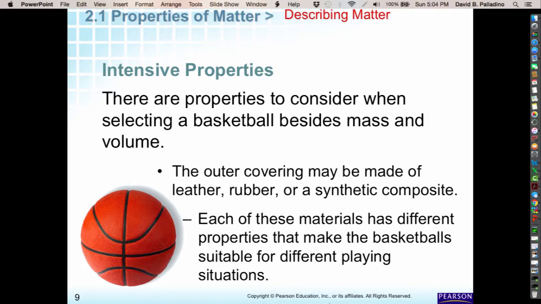They might not get as wet very easily and draw in the water so much if they were playing on a wet surface. But basically, any of these three things could be chosen for a basketball because the characteristics of these substances make it a good choice for a ball that has to bounce and be used both on a wooden court, a composite court, or outside on mercaptan.